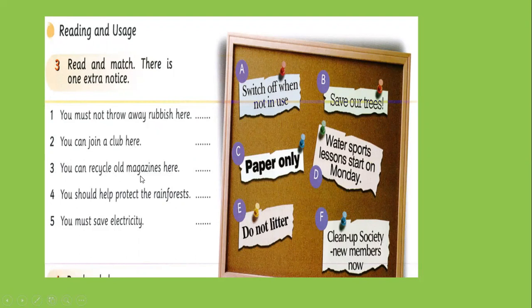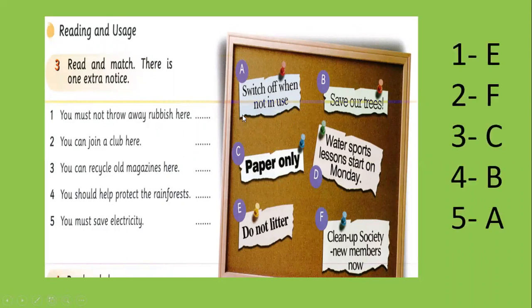Paper, because they are made of paper. We say paper only. Number 4, you should help protect the rainforests. The rainforest is full of trees. Save our trees. You must save electricity by switching off the electricity when not in use. So these are the answers. So the answer of number 1, E.